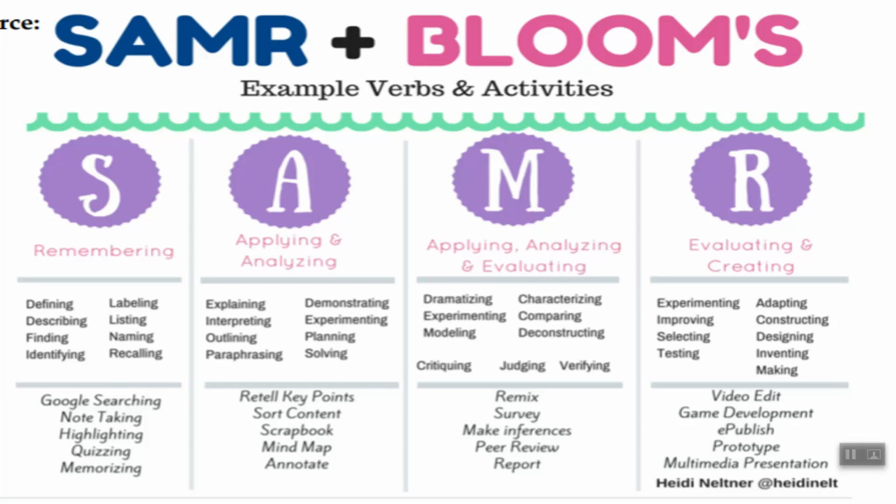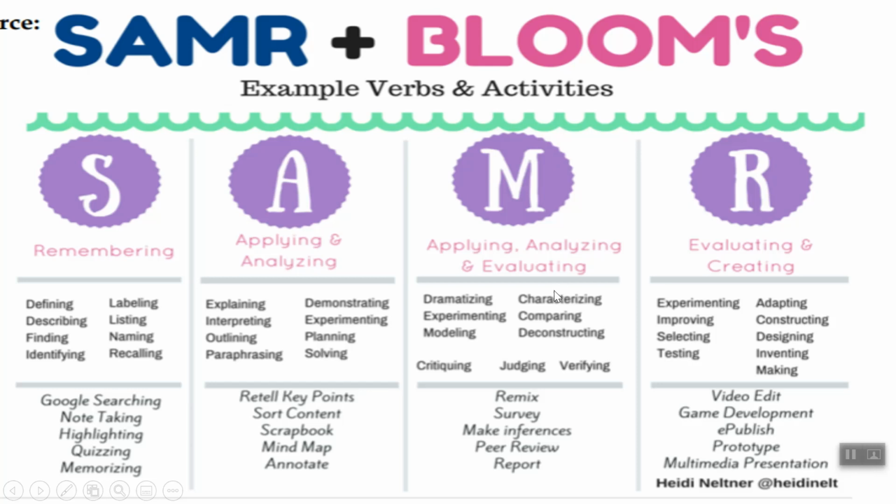So this kind of combines SAMR and Bloom's, some examples of some verbs and activities that you can do. Think of the S in SAMR, substitution, is like remembering, basic things that you can do, Google searching, note taking, highlighting, and it gives you verbs. The A, augmentation, applying and analyzing, gives you some ideas here, mind maps.